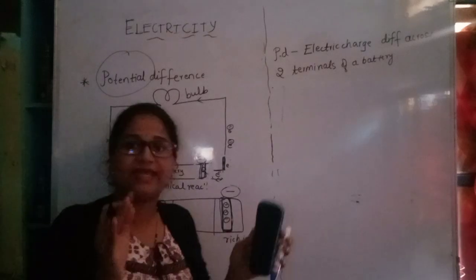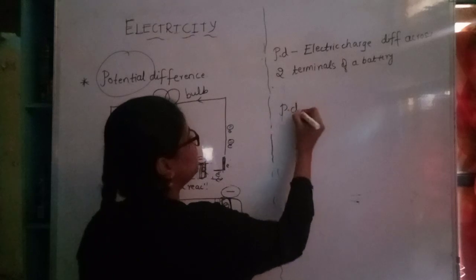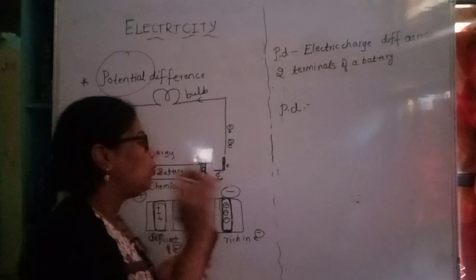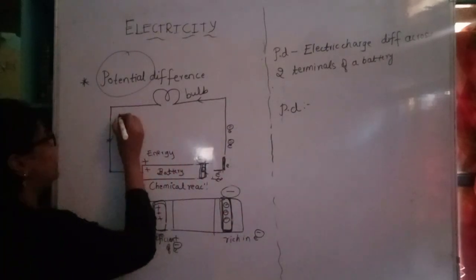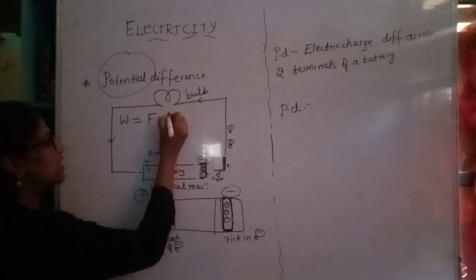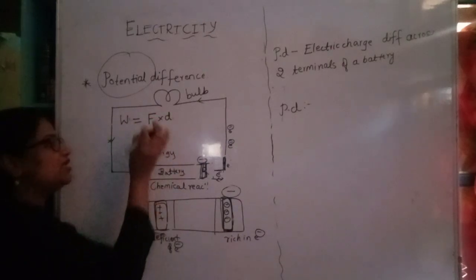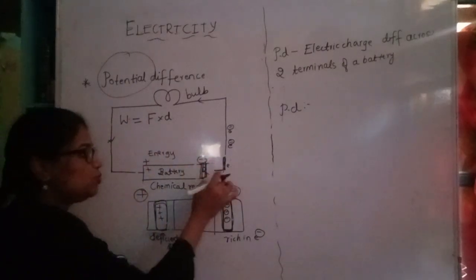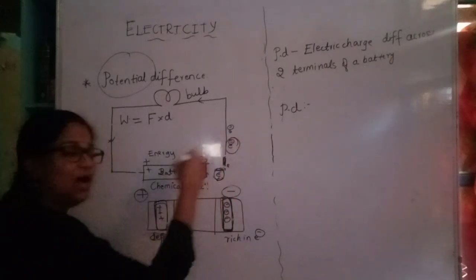Now let us also learn the textbook definition. In the 9th class, we learned work done, that is W equals force into displacement. Displacement is nothing but the movement of a thing from one place to another place. Here, it is the movement of a charge from one position to another position.